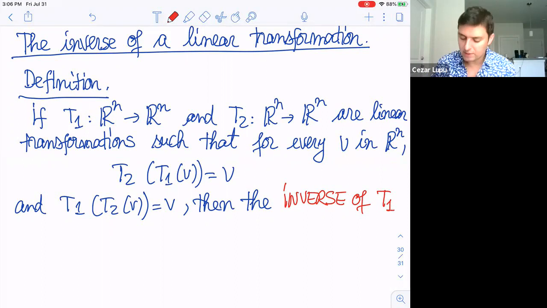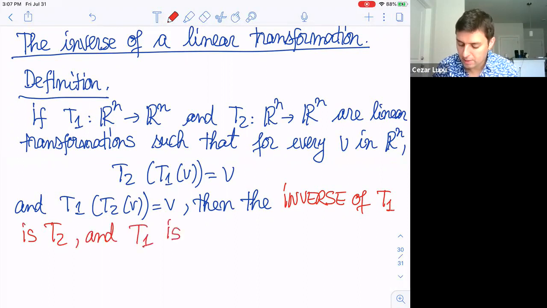Then is T2, right? And moreover, T1 is said to be invertible.